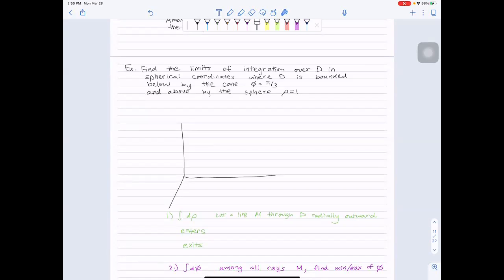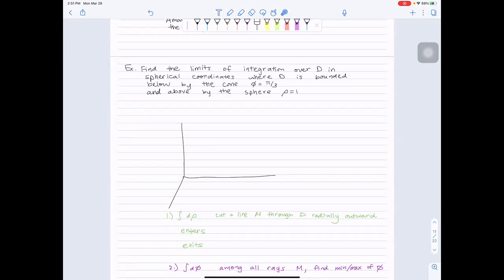So the angle that your ray makes with the z-axis is your phi. If we had some line here, that's phi equals pi, because if you had a positive z-axis and we have this angle here, that's 180 degrees.